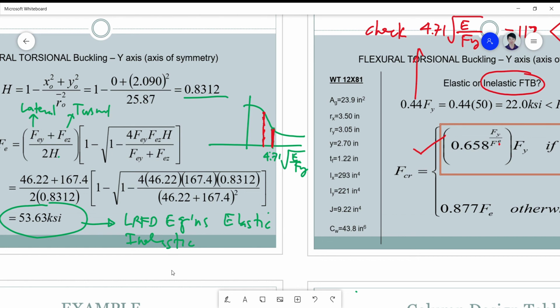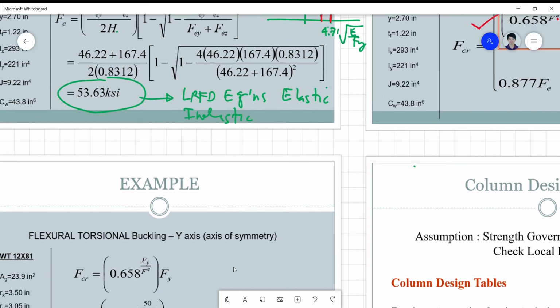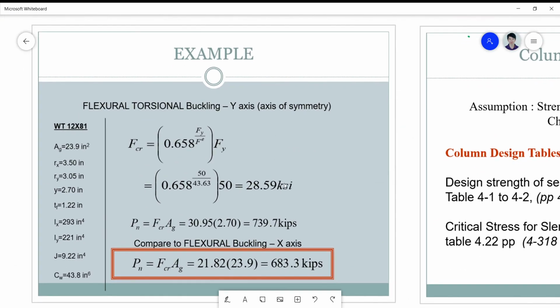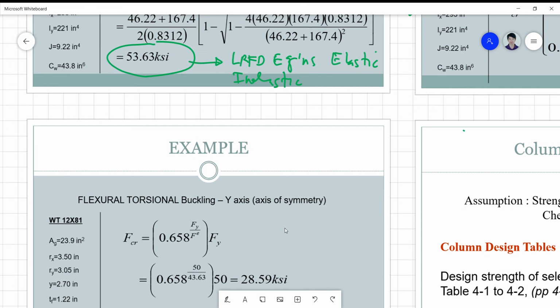okay, naglalag yung internet saglit. Ayan. Okay, so ito ngayon ang gagamitin mo. 50, tsaka 43.63. But 43.63? Will you check this kung may error sa computation class?